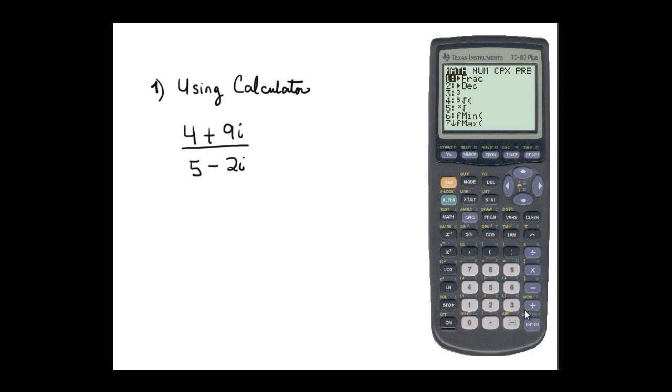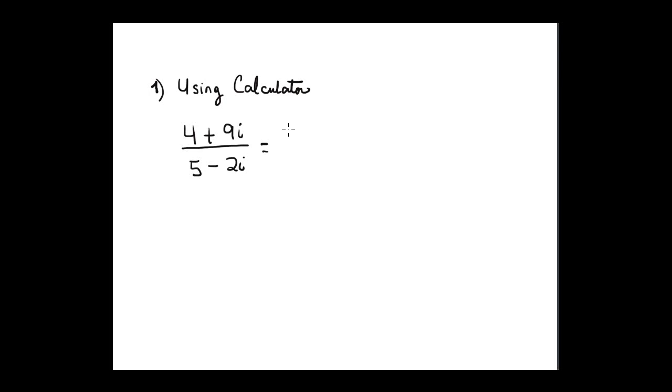You press math, first option is fraction, enter twice, and the answer is 2 over 29 plus 53 over 29i. The answer, look at the calculator, is 2 over 29 plus 53 over 29i.